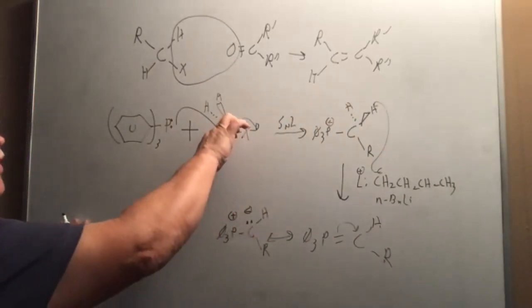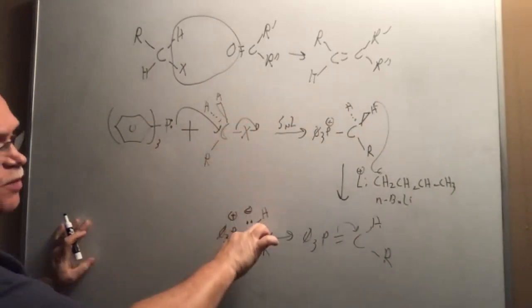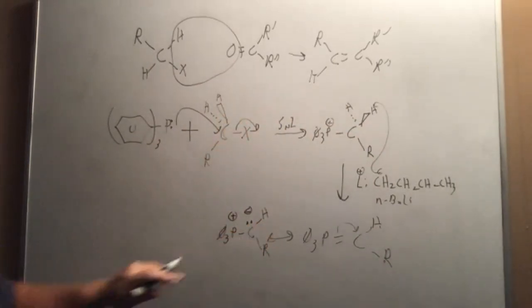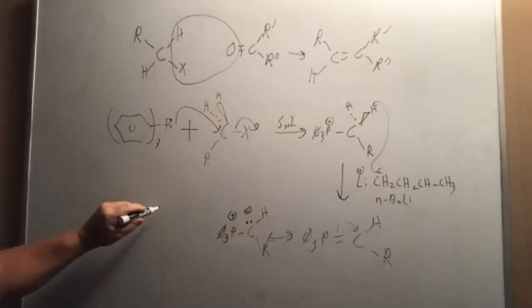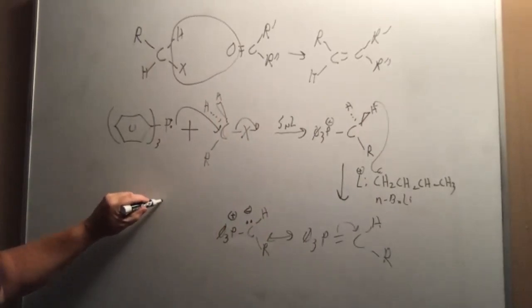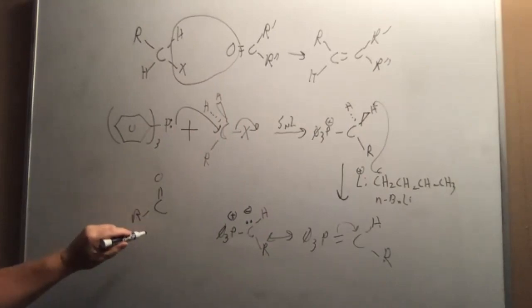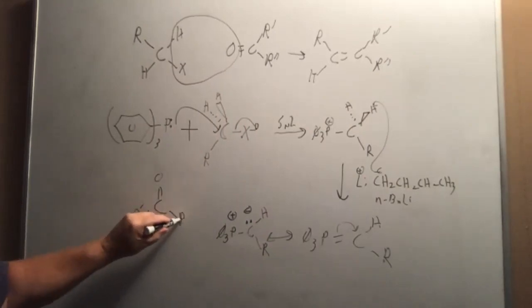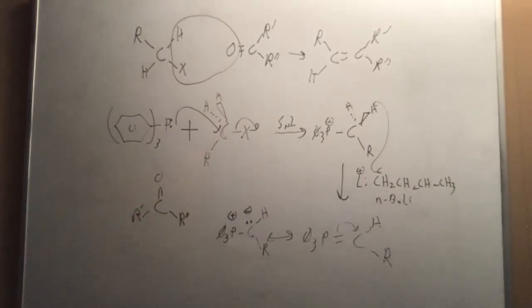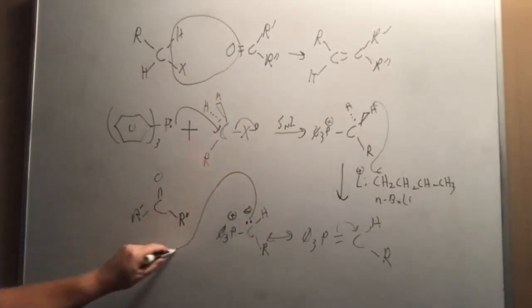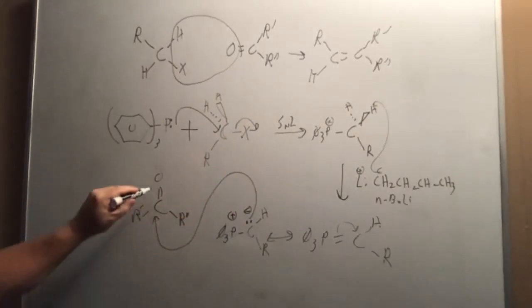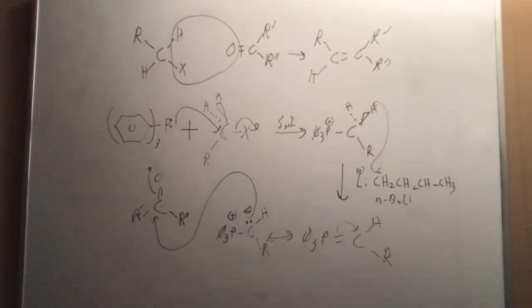Notice the carbon went from partially positive to partially negative. Now this negative charge can react with, I'm just using R's and R double primes. It comes in and does a backside attack, kicking off the oxygen.